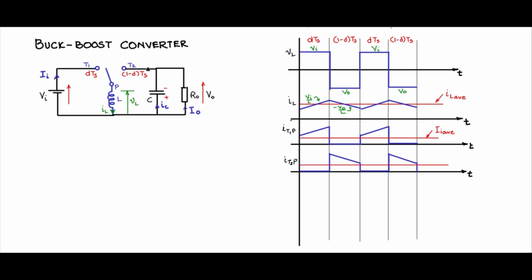Now this current, the same current flowing here also, splits in two parts, IC and I0. IC is the zero average part and the average part flows through the load. So the average part is nothing but I0. Looking at the figure, you can see that the average part has to be I0 and the non-average part flows through IC. So in effect, if I remove this average part, bring down this waveform to zero average, I will get the current through C, that is IC.